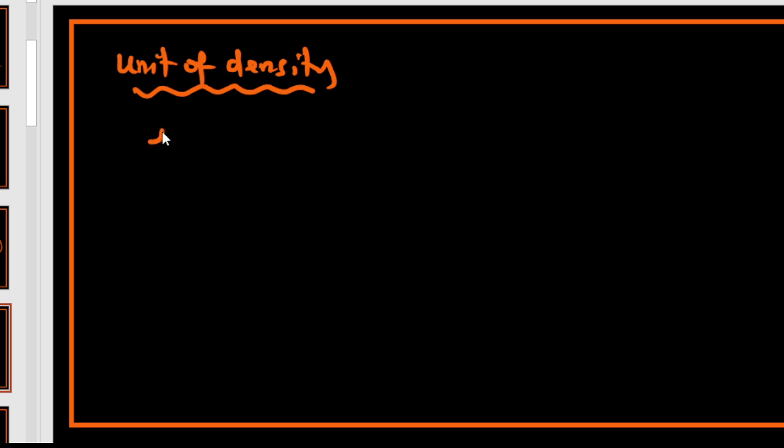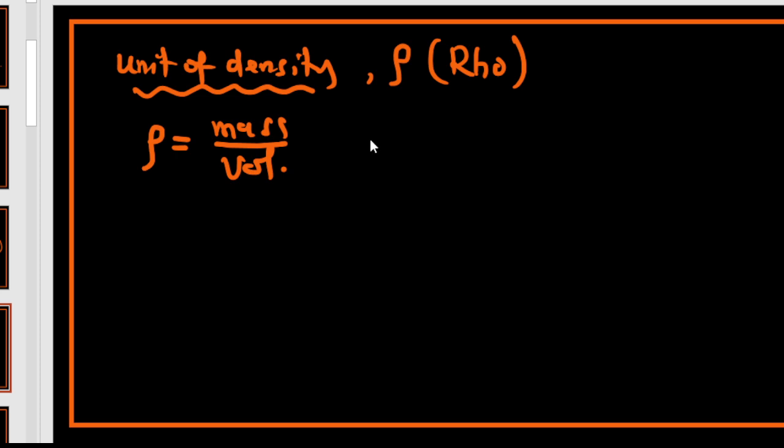We can have other units for density. So we have units of density. The symbol is denoted rho. This is mass over volume. So the units can be, if mass is in kilogram and volume is in meter cube, kilogram per meter cube.